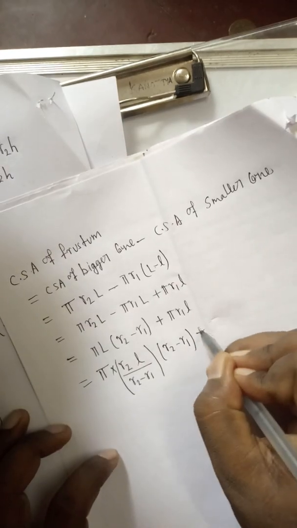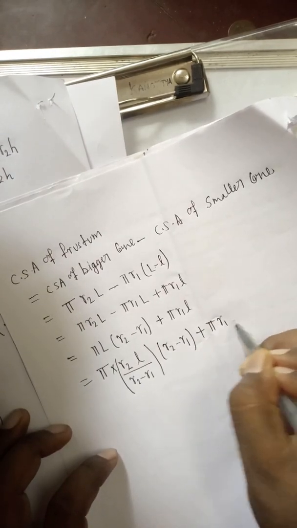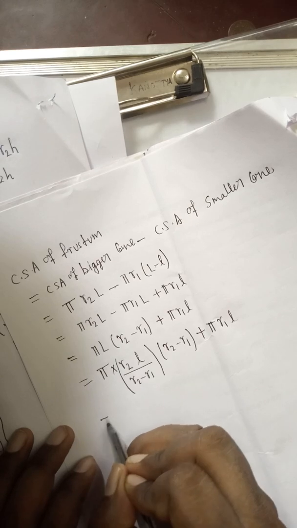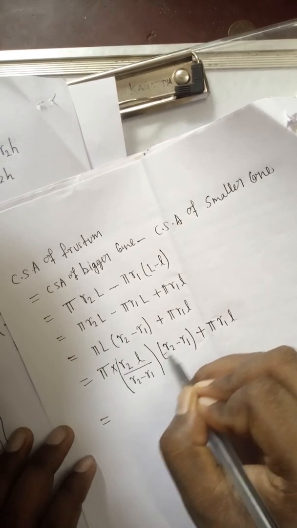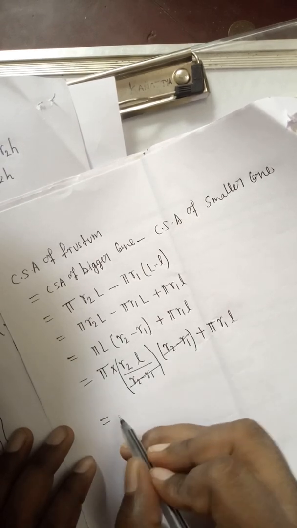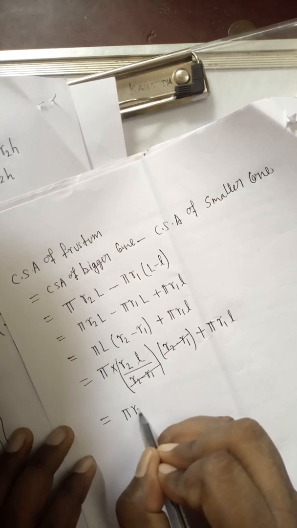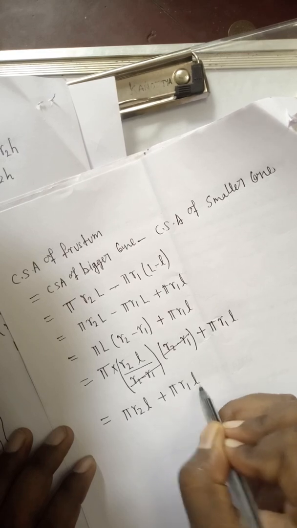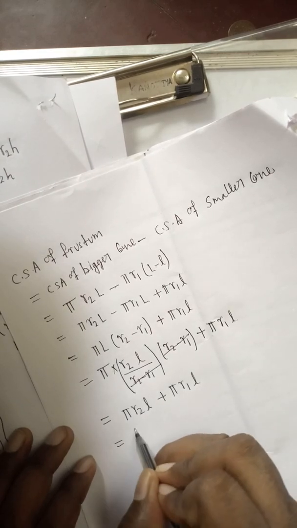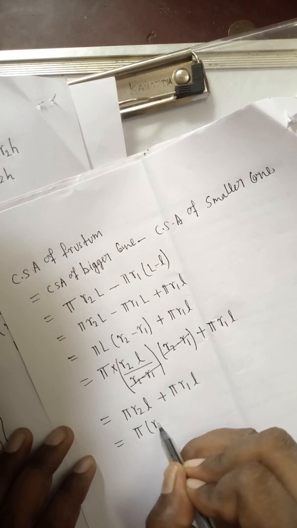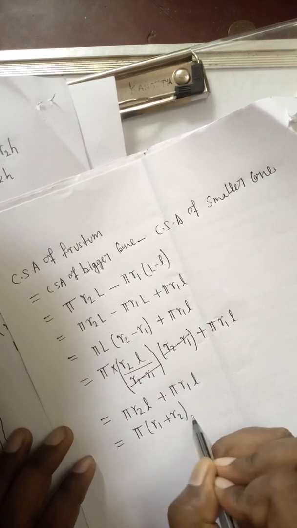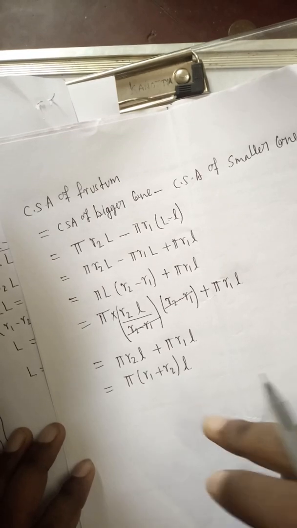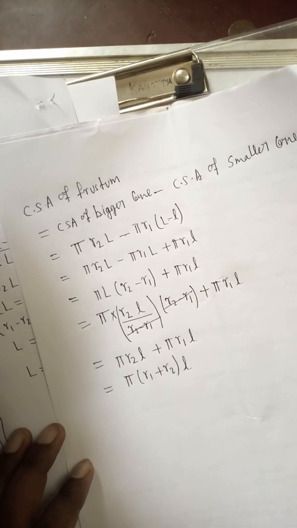Plus pi R1 l. So this R2 minus R1 gets cancelled with this. What is remaining here, friends? Pi R2 l plus pi R1 l. This can be written as pi R1 plus R2 into l. So friends, this is the derivation for C.S.A of the frustum. Hope it is clear to you all.